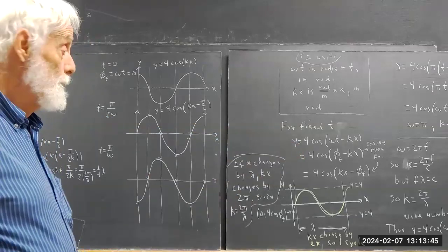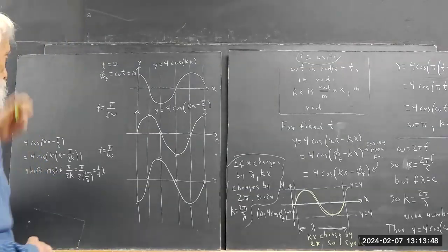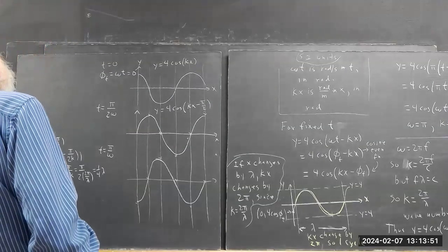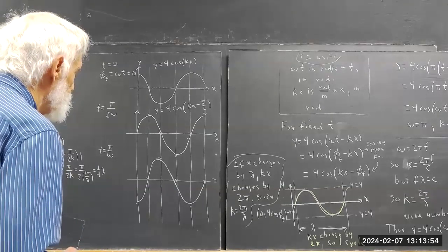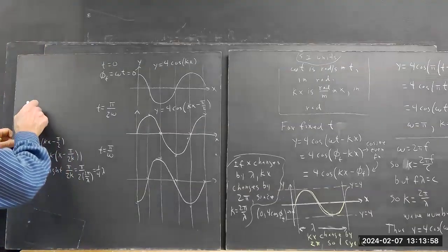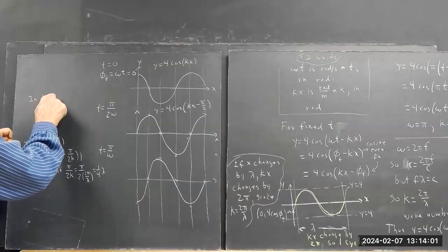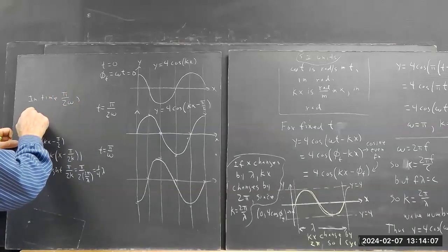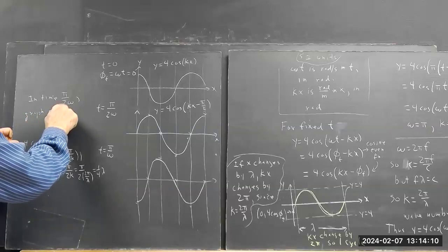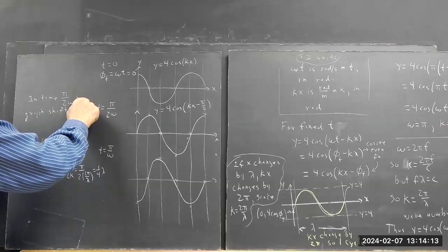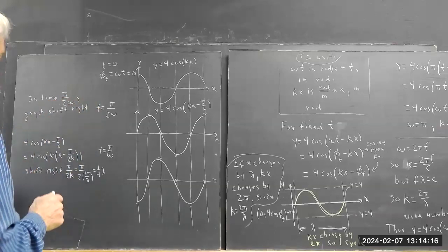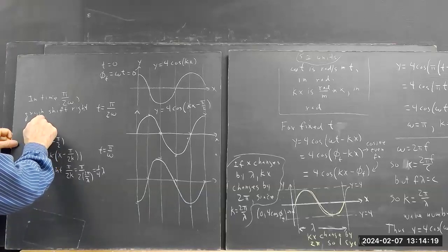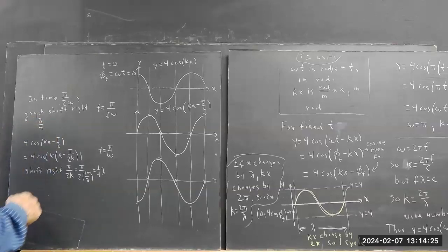At what speed? Well, the graph shifts right by lambda over 4, a quarter of the wave.